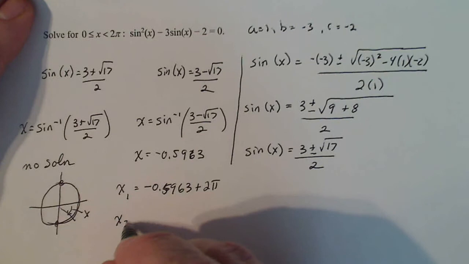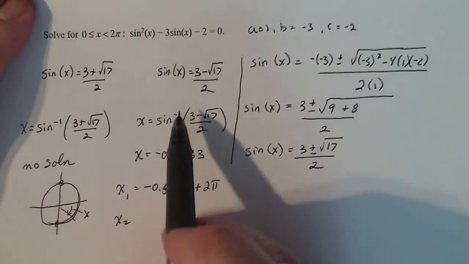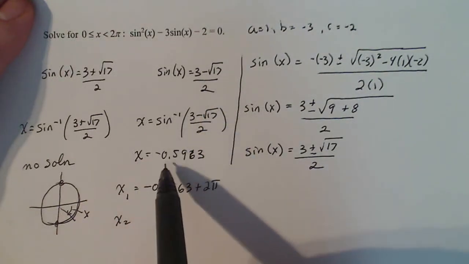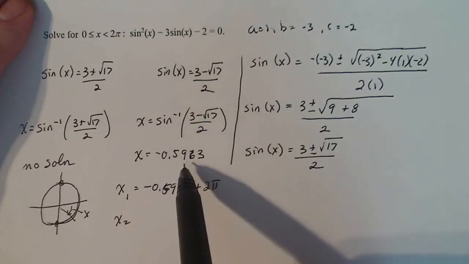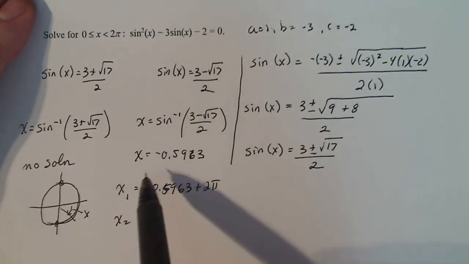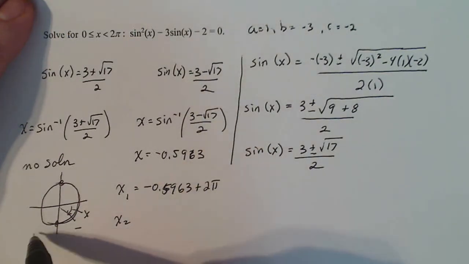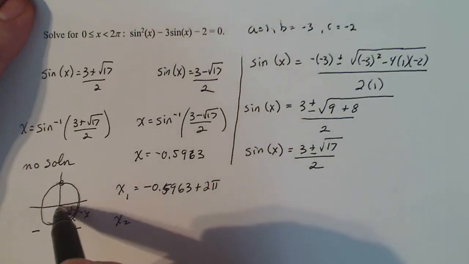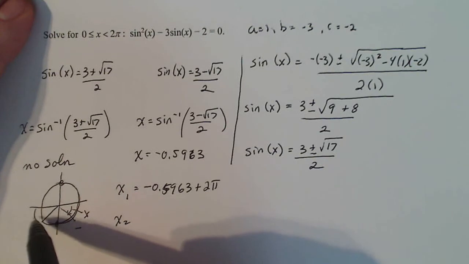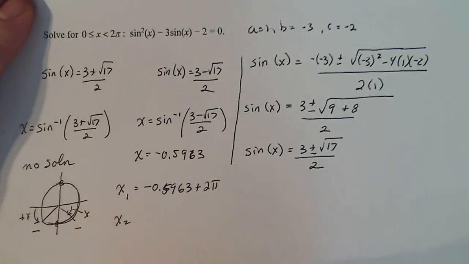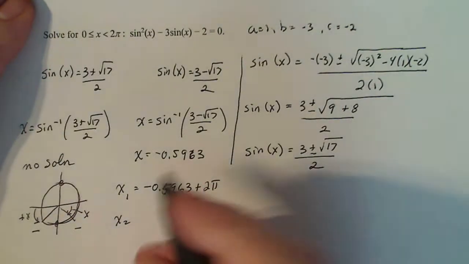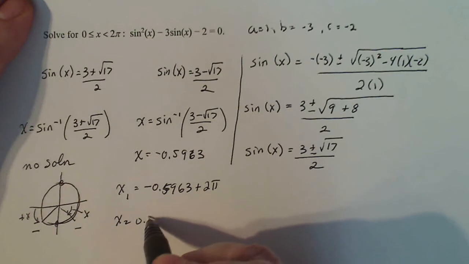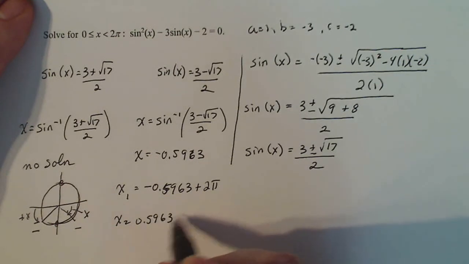Now the other one, since this is giving me a negative value here, that means sine is going to be negative in quadrant 4 as well as quadrant 3. So I need to think about what is this angle right here when that's positive x. Now remember, negative x is this, and I want a positive x as a reference angle. So that means my other angle is going to be 0.5963 plus pi.